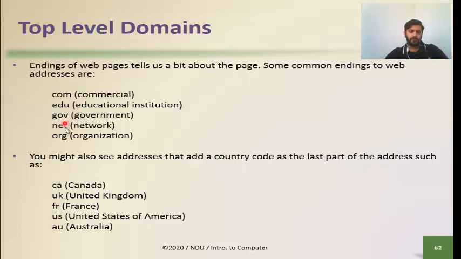And then you have .gov, .net, .org, and similarly country codes at the end: .ca means the site maintainer is inside Canada, or the server is hosted inside Canada. If you have .pk at the end, it means the server is hosted inside Pakistan.